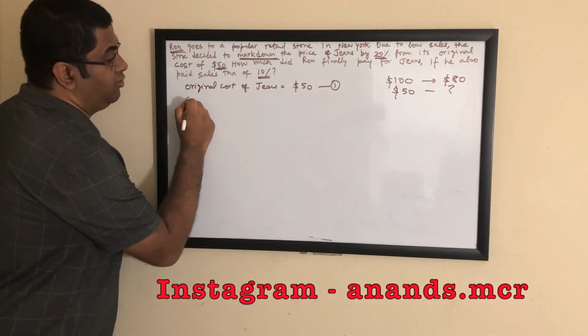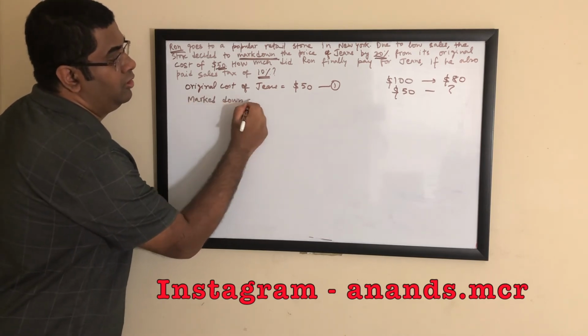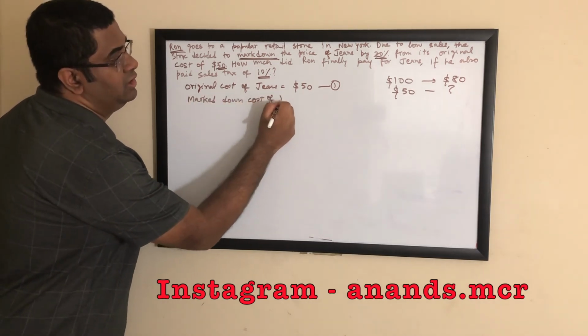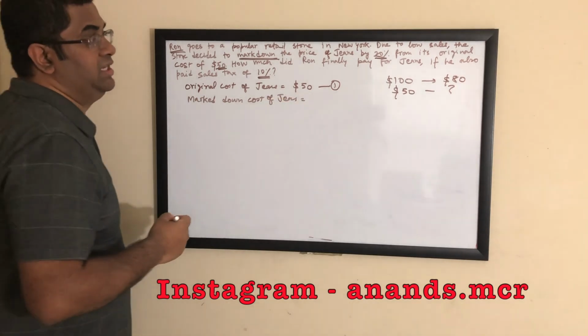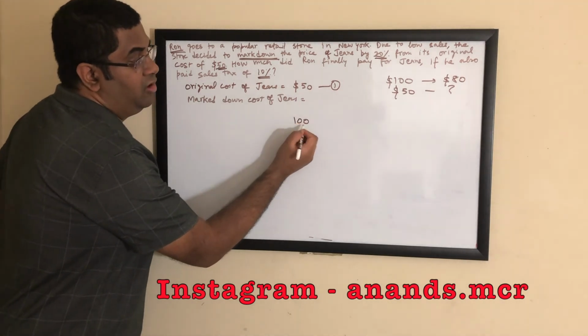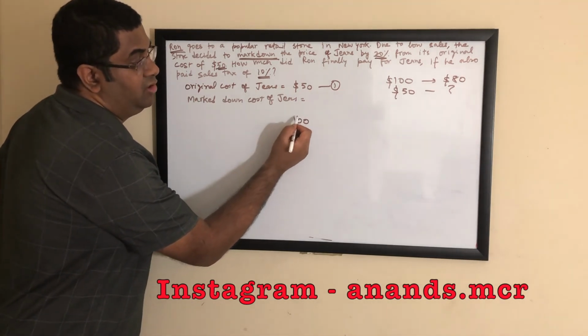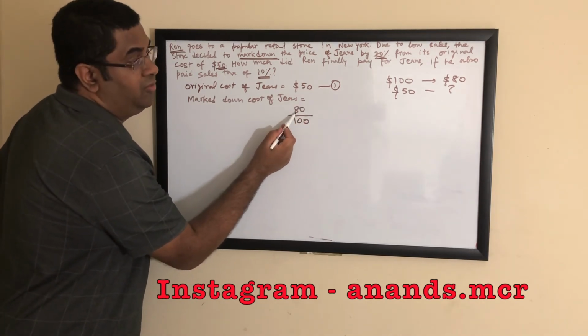So the second step that we are going to write is the marked down cost of jeans. Like I've been explaining, if the original cost of the product is $100, it would now be sold for $80 because it has been marked down by 20%.